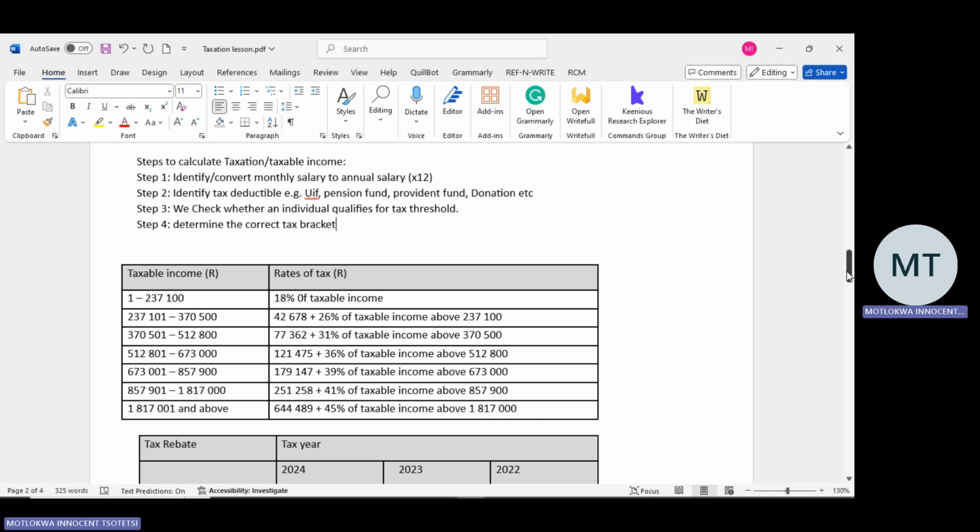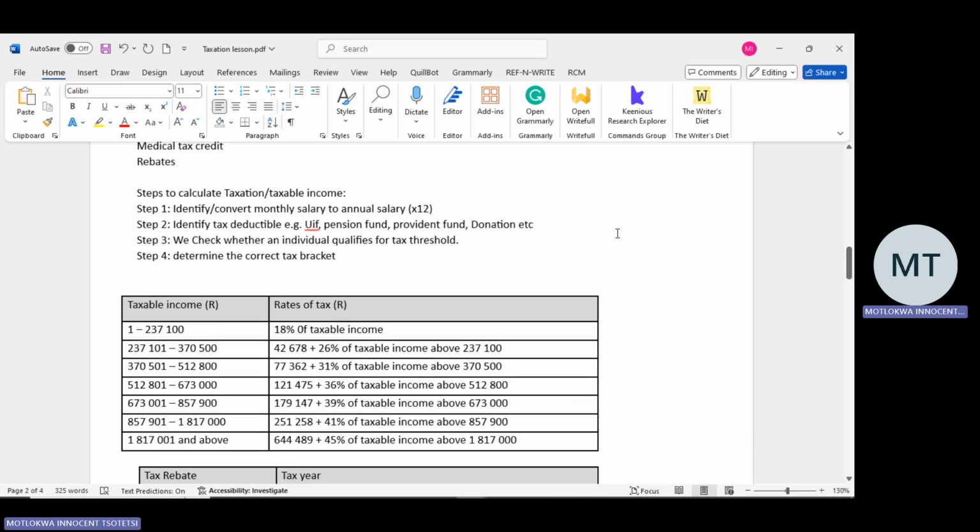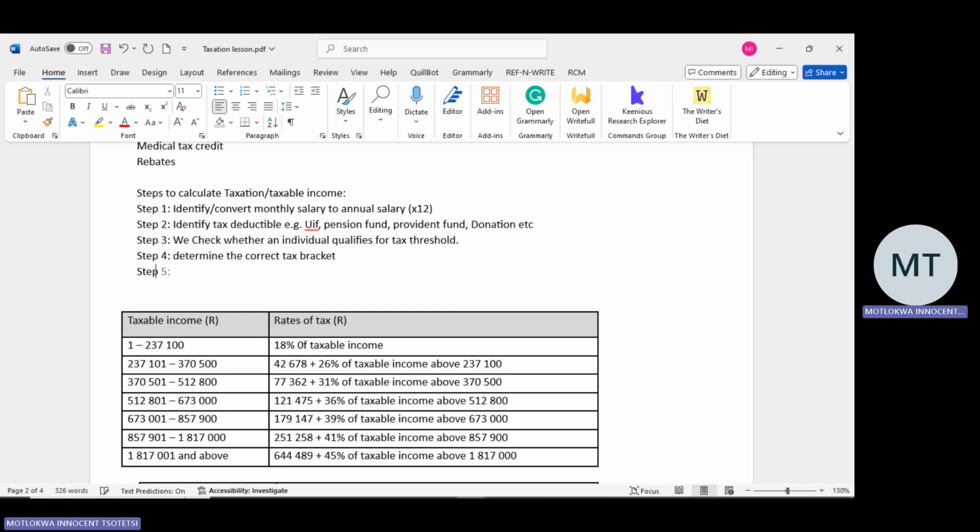If you are asked to identify the correct tax bracket, you check under these columns. The first column is tax bracket number 1, up until the 7th column, which is the 7th tax bracket. That's how we identify the correct tax bracket. Then we go to step number 5.